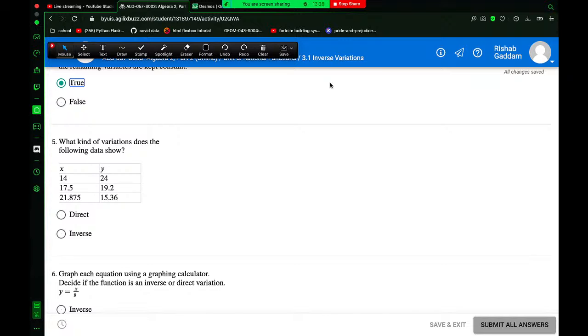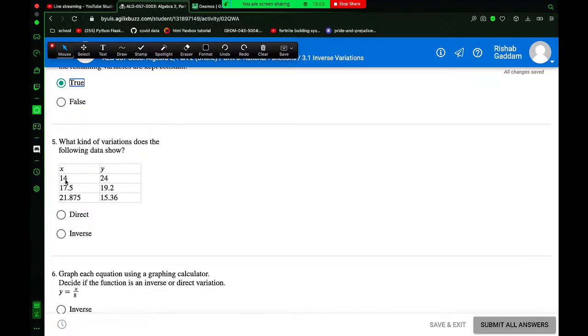Okay, yeah, that's fine. Can I explain why I think it's direct? Yeah. The x is rising and the y is rising, and we've been learning about inverse variation where one variable rises and the other sinks. So it can't be inverse, so it has to be direct. Y is decreasing? See, it goes from 24 to 19 to 15.